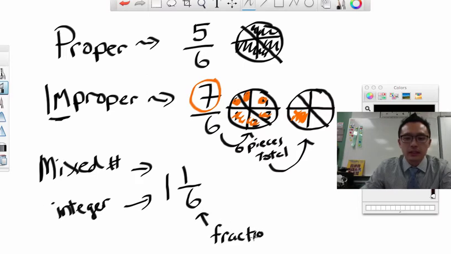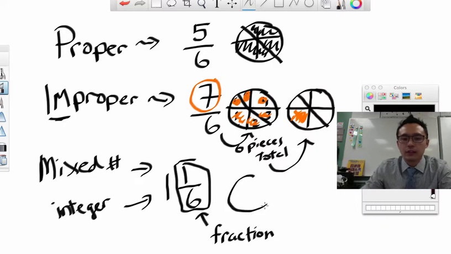If you think about this entire pizza, you have 6 pieces out of 6. That is one whole one. So this whole pizza is simplified into this 1. And your remaining fraction, that 1 out of the 6, is your remaining fraction.